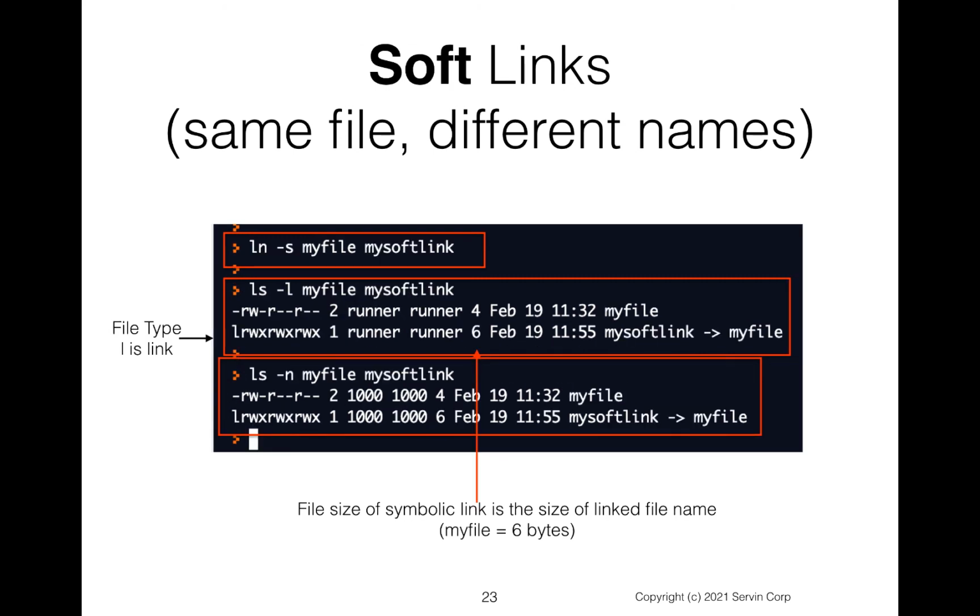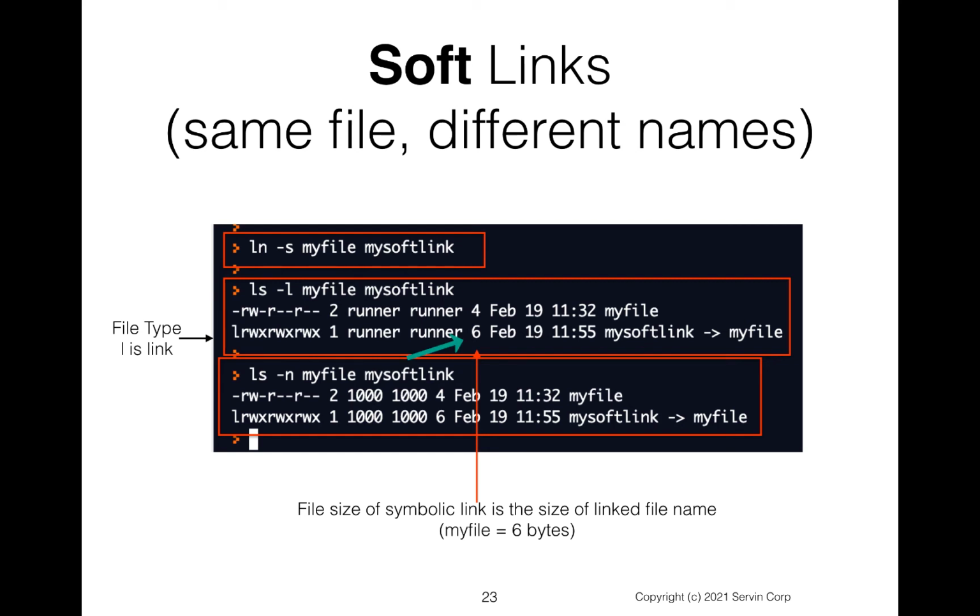Another one you see is a soft link. Now these you see a little more frequently than you do the hard links. For a soft link, you do an ln with a -s, the -s for soft, and I'm soft linking myfile to mysoftlink. When you do an ls -l here, notice the soft link has an L at the beginning of the file, which means it's a link. So L for link. And in fact, I want you to notice the file size in this case has changed.